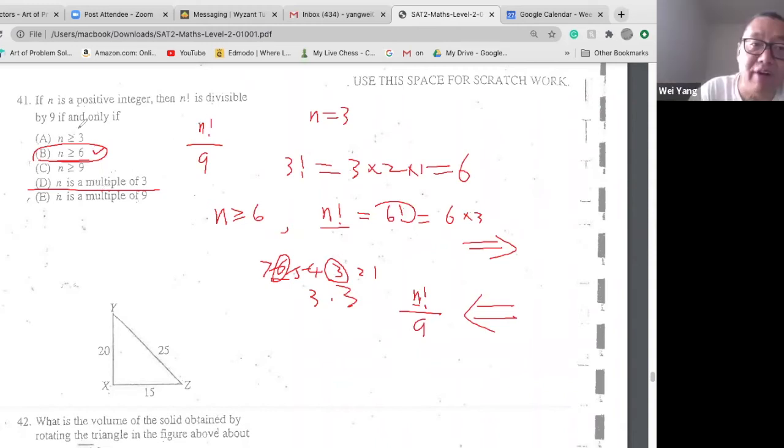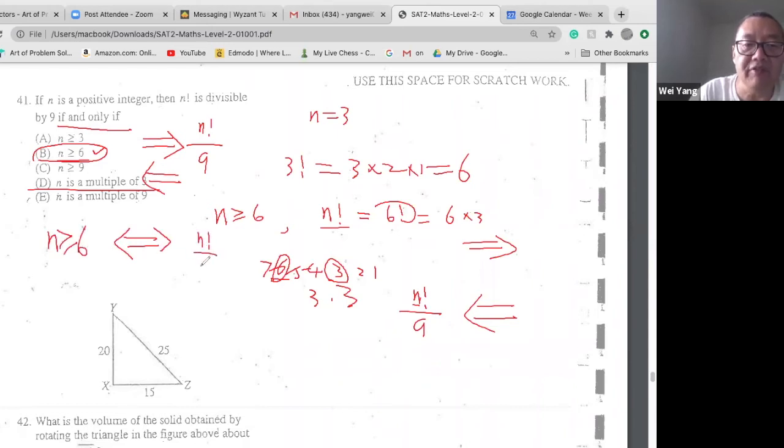This one is very important. If and only if means when you use this condition, you can not only go in the right direction, you can also go back. This is called equivalent, exactly: n greater or equal to 6 is equivalent to n factorial divisible by 9.